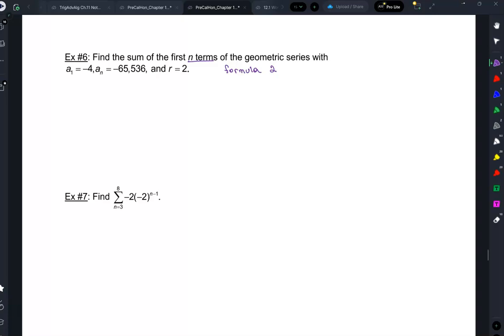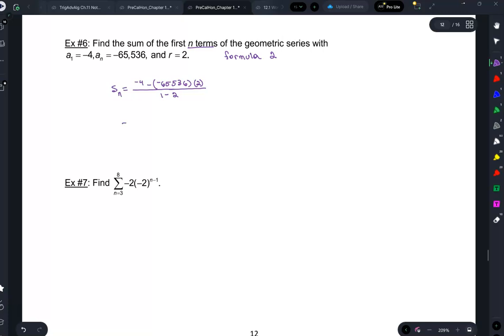All right, so S sub n is equal to a sub 1, which is negative 4, minus a sub n, negative 65,536 times r, all over 1 minus 2. Right? We plug it in. Negative 131,068.